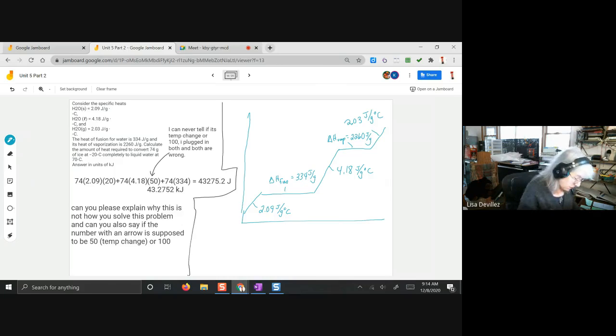Okay, so here, we're going 74 grams. So we're starting at minus 20, and then that's at 0. That's at 100.